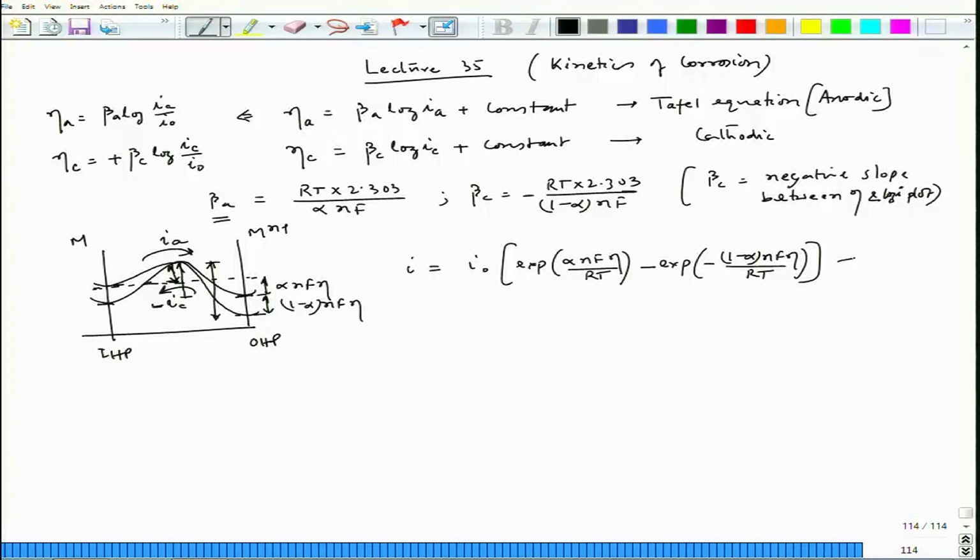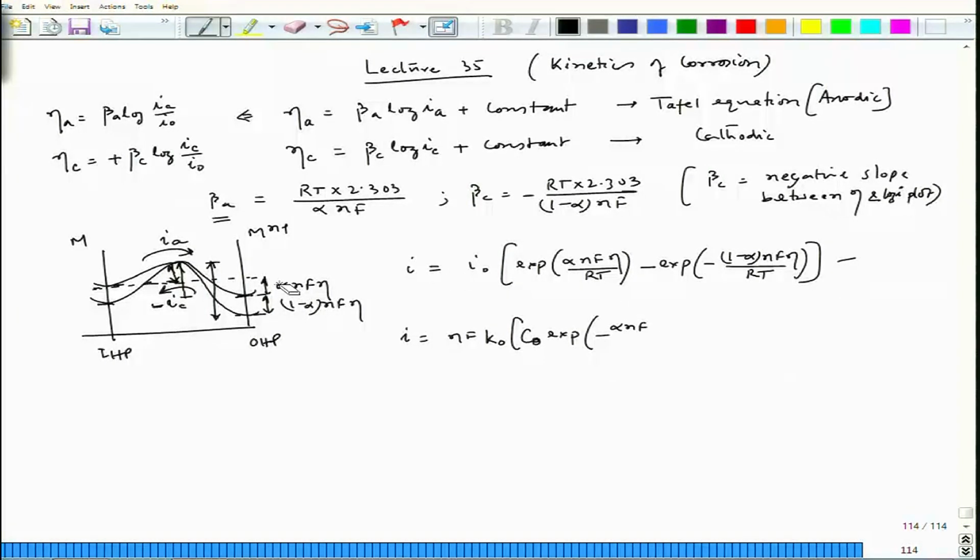Now, there is one more form, which is I equal to nF K0 concentration of oxidant, exponential minus alpha nF eta by RT.